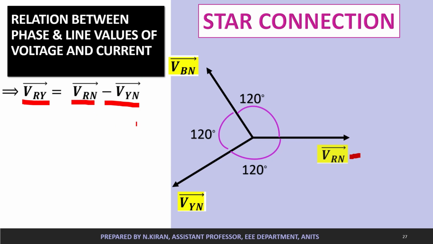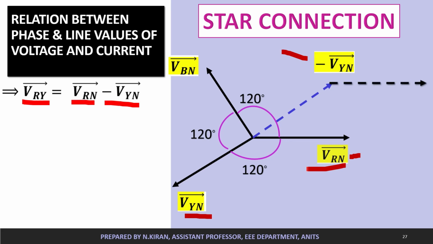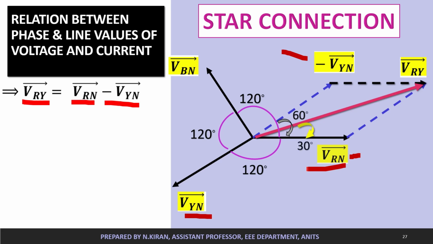Minus VYN phasor is the mirror image of the phasor VYN. After obtaining the mirror image, the resultant of these two phasors will give me the line voltage VRY. I will draw the resultant phasor, which is VRY. This angle is 60 degrees and this angle is 30 degrees.